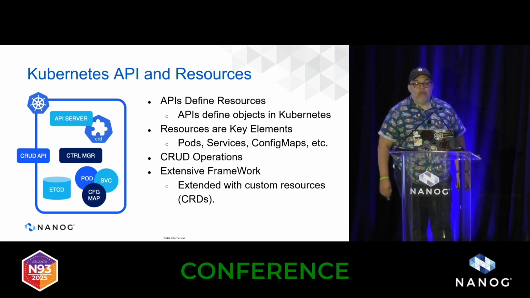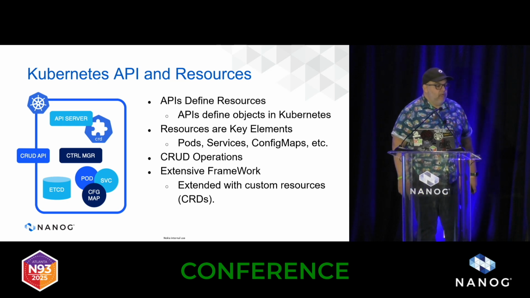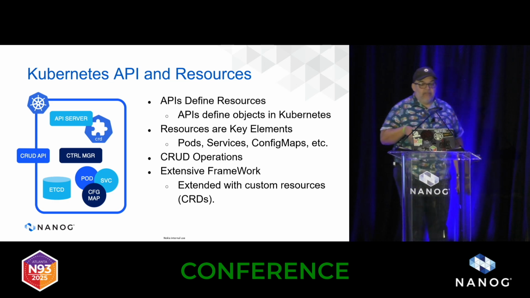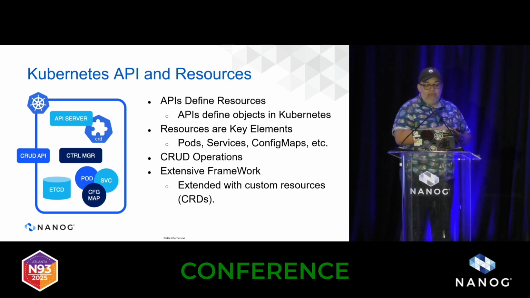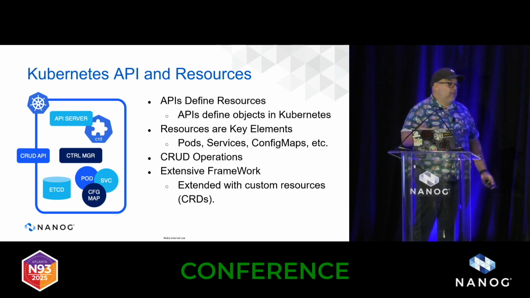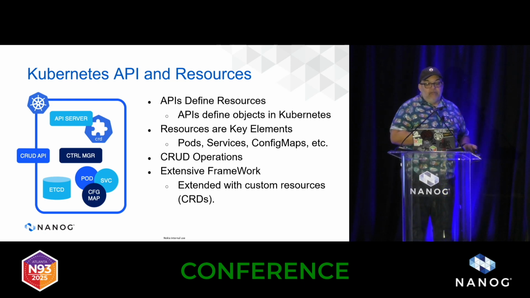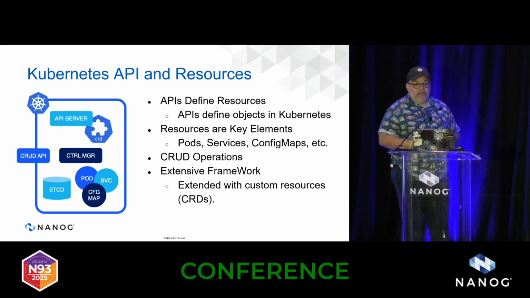Okay, so let's talk a little bit about the Kubernetes API and resources. APIs in Kubernetes define key resources such as pods, services, config maps, etc. These resources, as I mentioned in the previous slide, follow CRUD: create, read, reconcile, update, and delete operations.